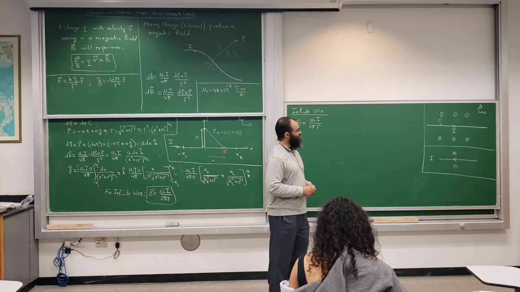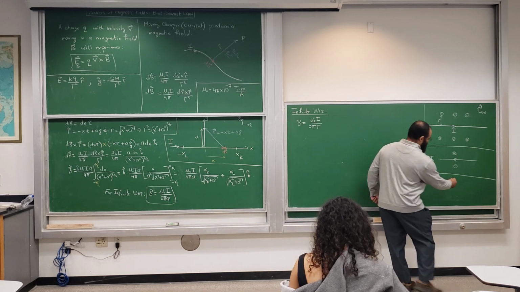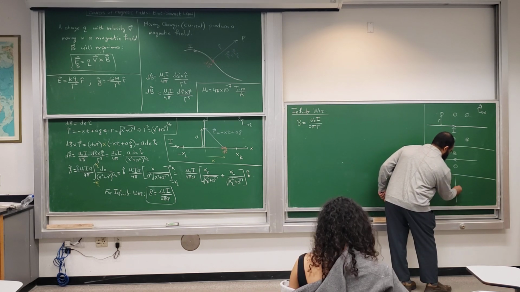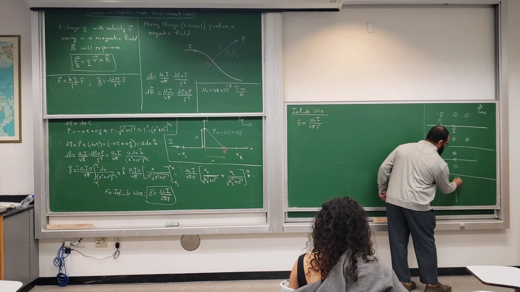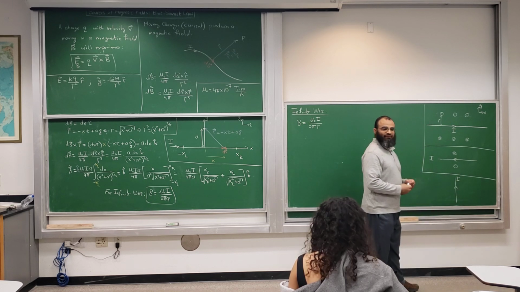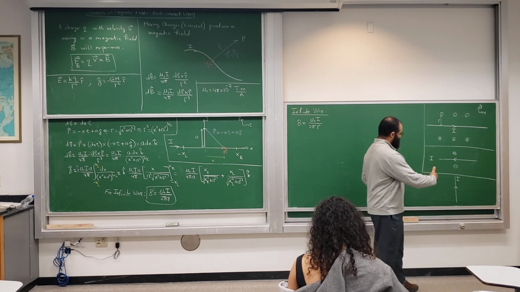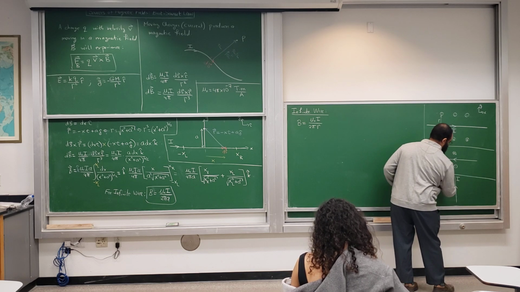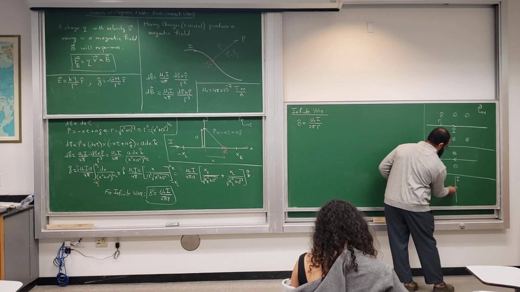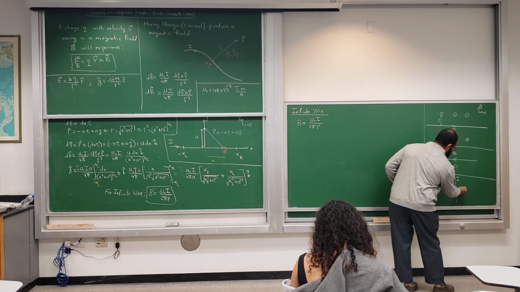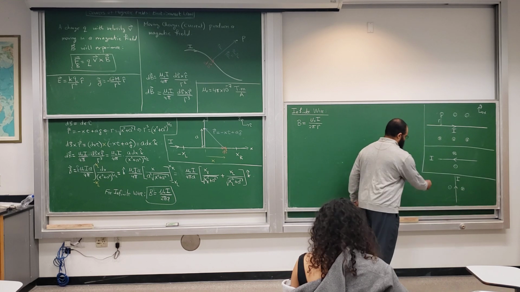Let's do another one. How about if the current now is going up? Thumb up, and so the magnetic field would be out here and would be going in, right? And I guess one more.